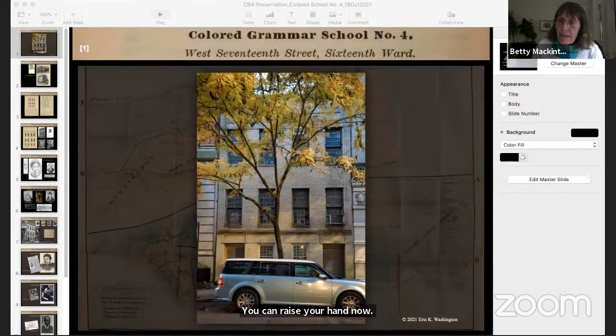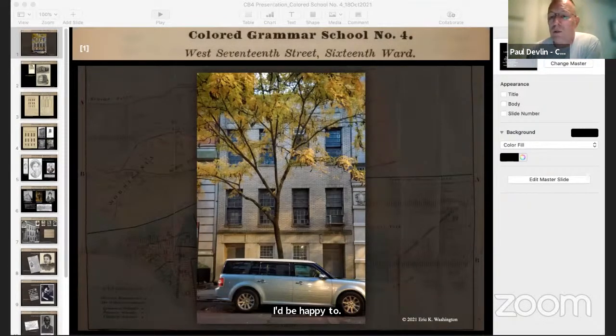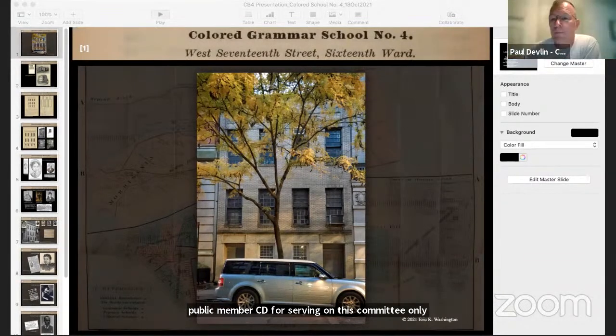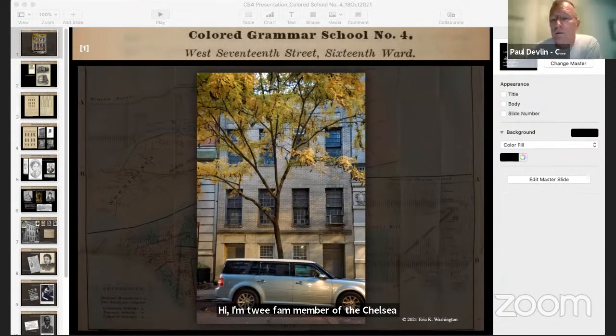Paul, would you like to introduce committee members? I'd be happy to. I'm Paul Devlin, co-chair with Betty. Thank you very much. Let's start with Pam. I'm Pamela Wolf. I'm a public member of CB4, serving on this committee only. Hi, I'm Twee Pham, member of the Chelsea Land Use Committee. Hi, I'm Tina DeFelicia Antonio.